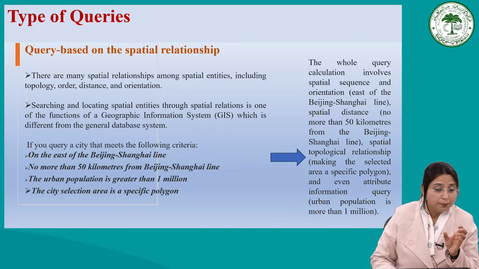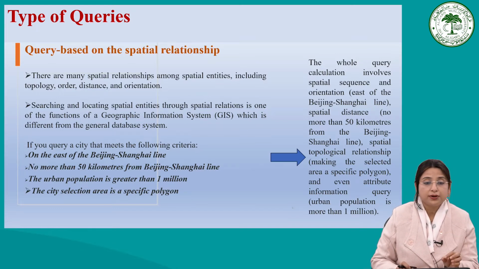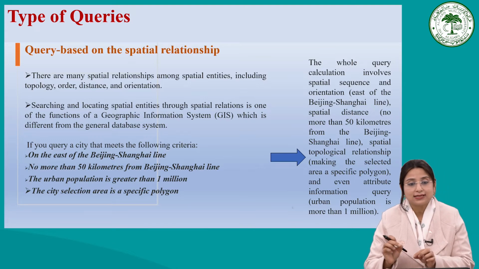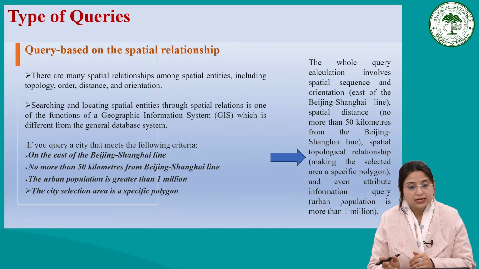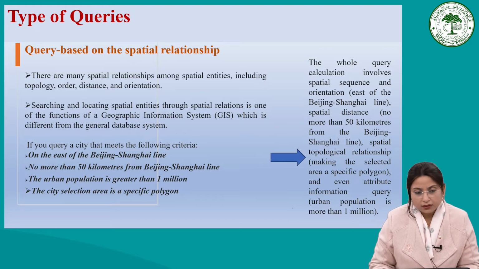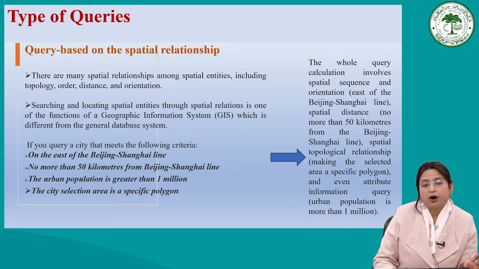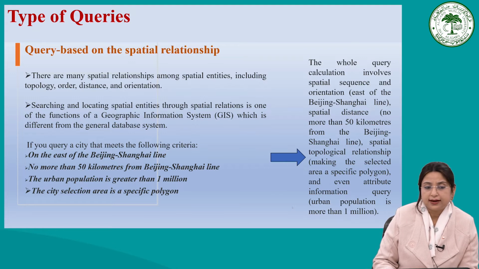Spatial relationship means the relationship between the spatial entities, spatial objects, that may be the topology, order, distance, orientation, etc. The most important function in GIS is searching and locating the spatial objects.